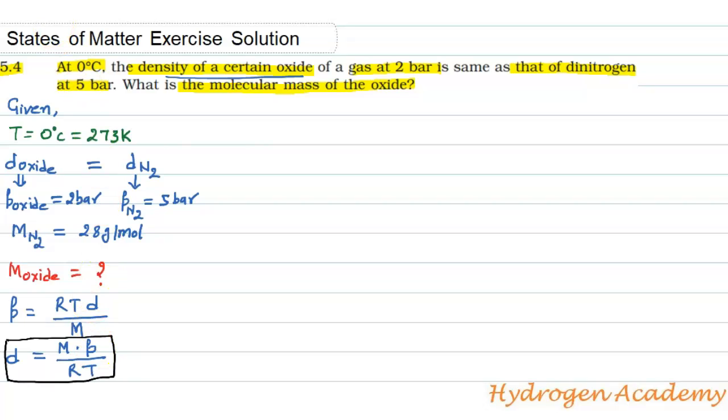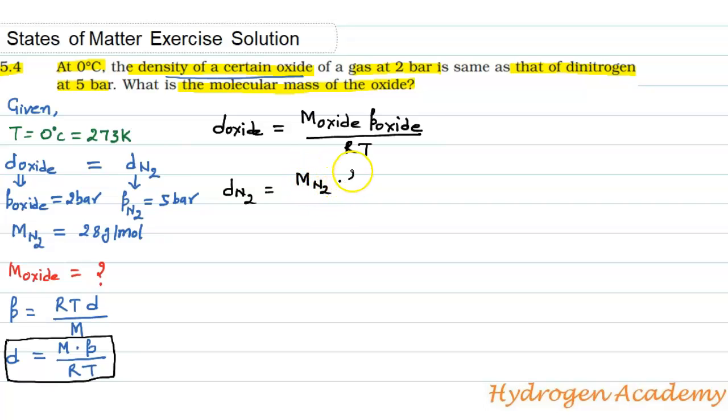So now we will write density of oxide is equal to molar mass or molecular mass of oxide into pressure of oxide divided by RT. Density of nitrogen will be equal to molecular mass of nitrogen into pressure of nitrogen divided by RT.